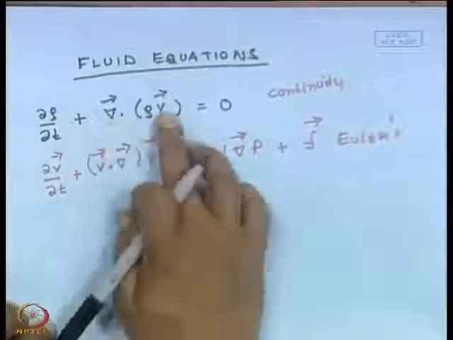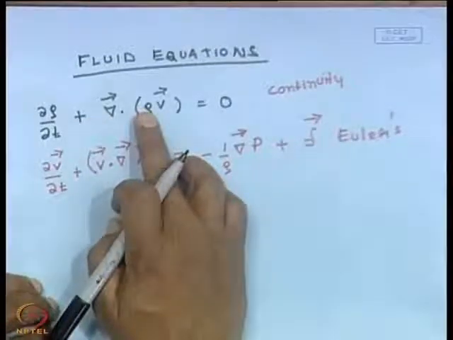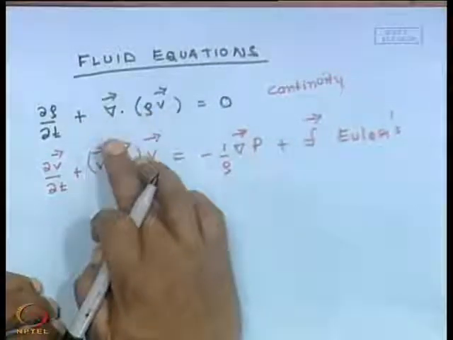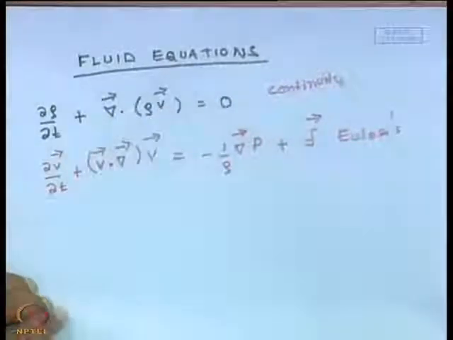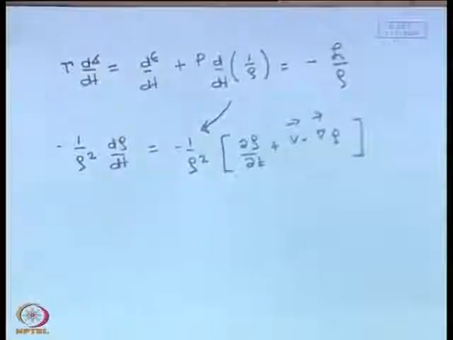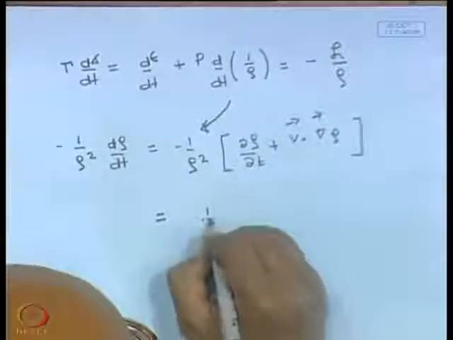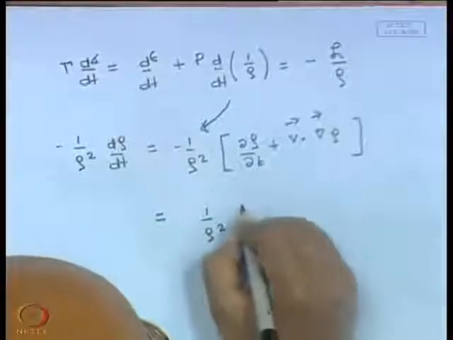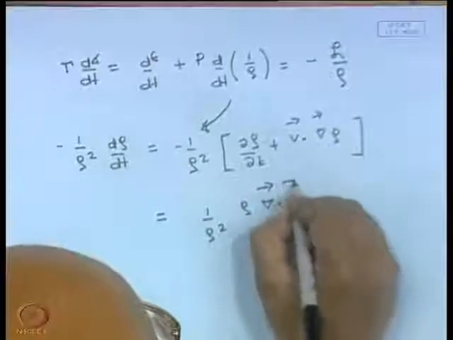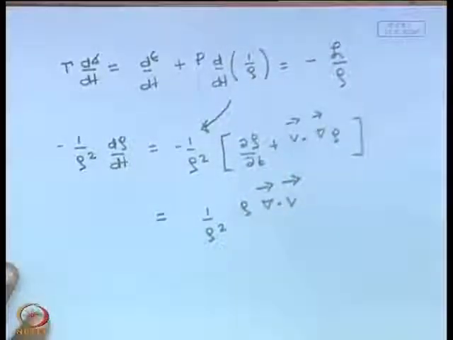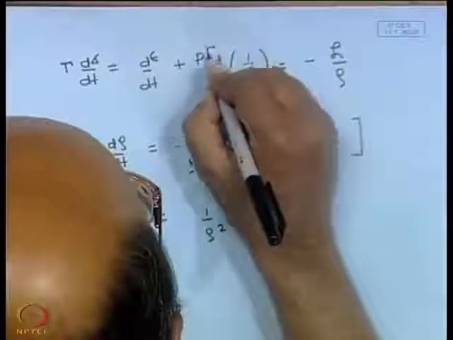If I break this up, there will be one term which is v dot grad rho, and there will be one more term which is rho into divergence of v. So I can write this as 1 by rho square times rho into divergence of v using the continuity equation. So I have just simplified this term over here.